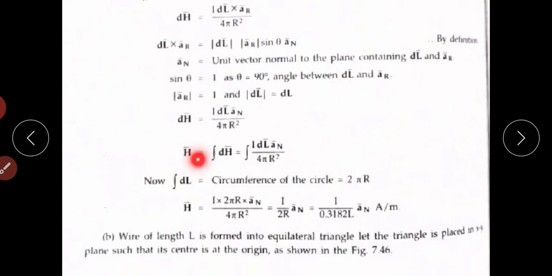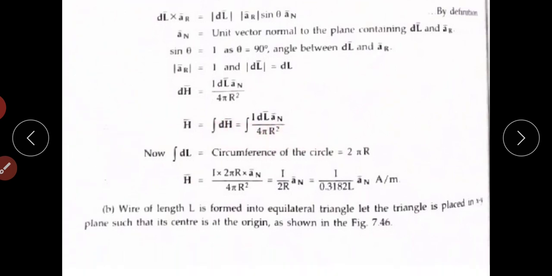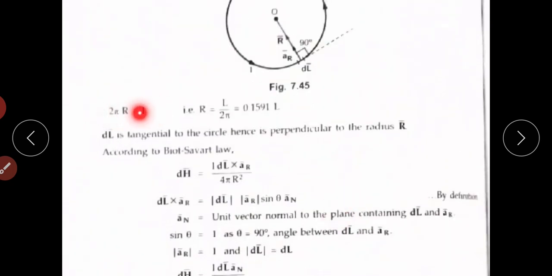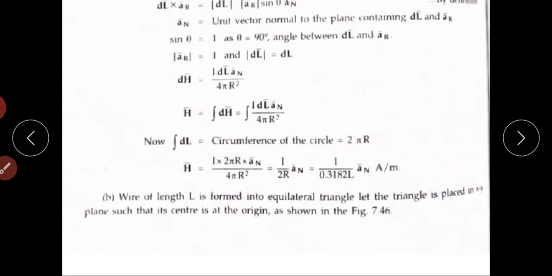Next, the total magnetic field intensity H bar equals the integral of dH bar. Here the integral of dl equals the total length of the circle, which is 2 pi r. So H bar equals I times 2 pi r into aN bar by 4 pi r square, which equals I by 2r into aN bar.